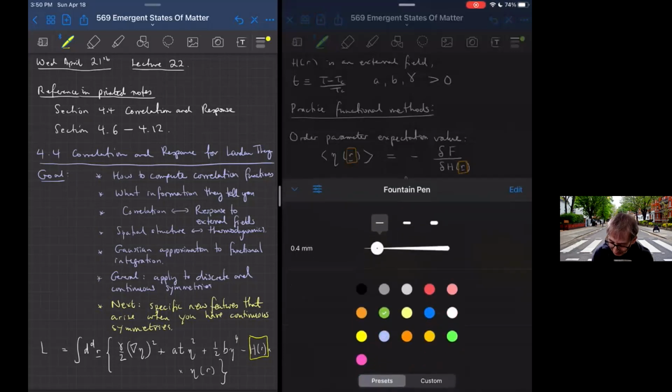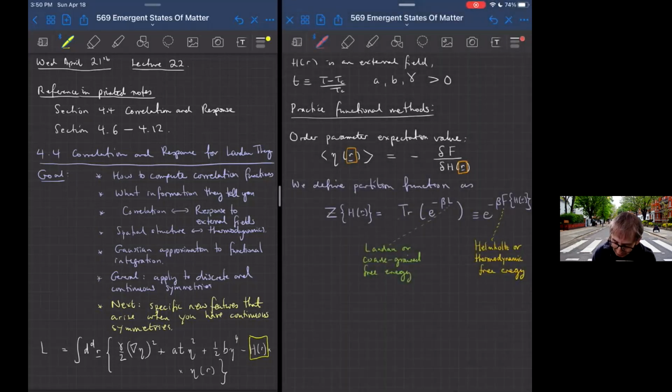And as we talked about a long time ago, I'm not going to go through this. This trace means a functional integral over the fields eta of R. So that's what we have.